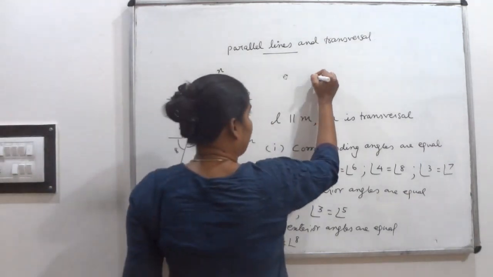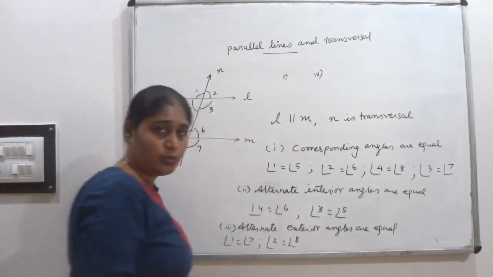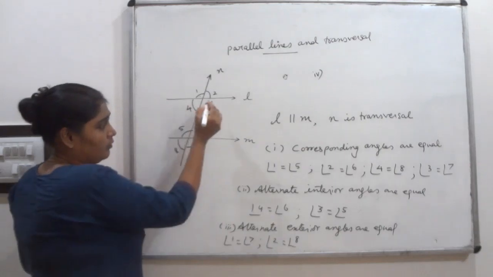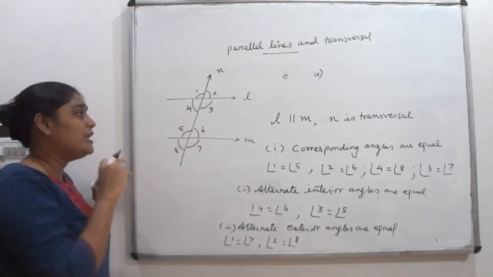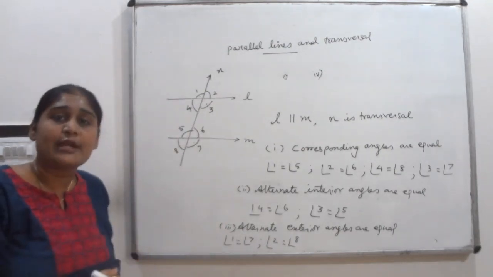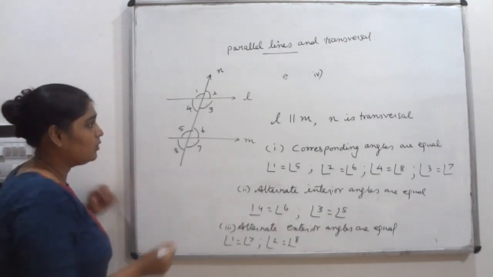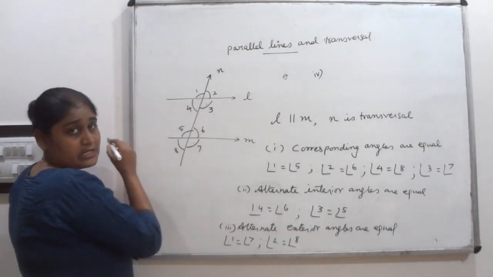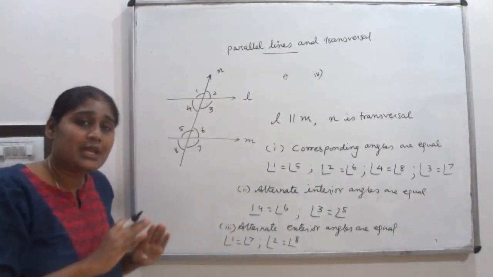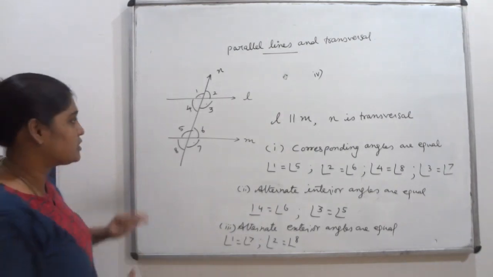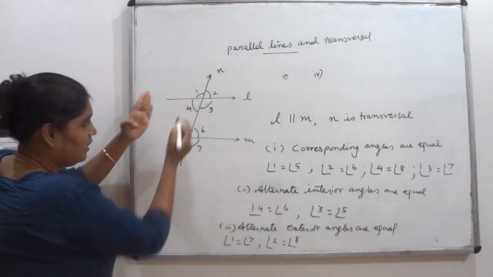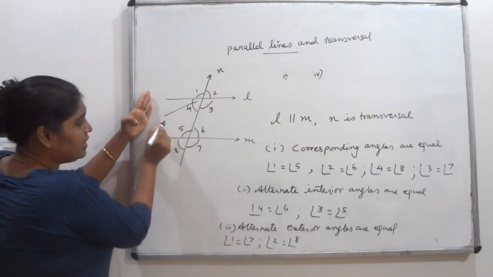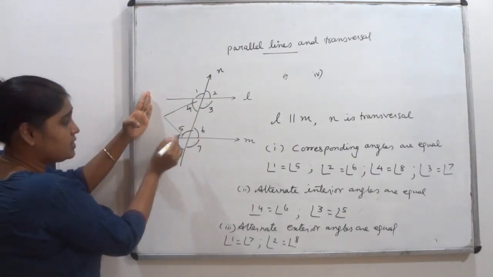Then the fourth point. What is the fourth point? The sum of interior angles on the same side of the transversal is 180. Look here. I am taking the left hand side. What is the sum of interior angles on the same side of a transversal?